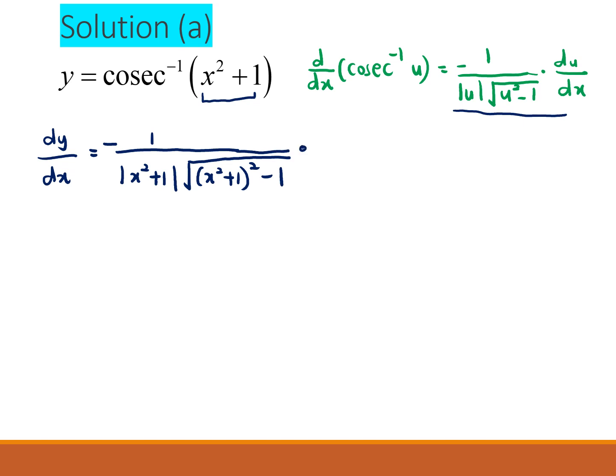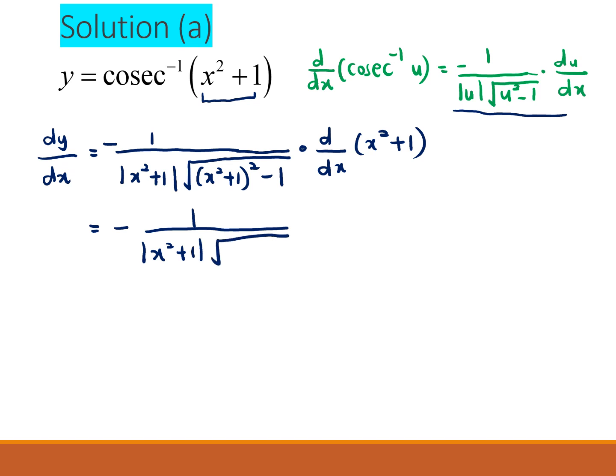Now we have to find the derivative of u, which is d over dx of x squared plus 1. Then we solve the derivative of x squared plus 1, which will be times 2x.